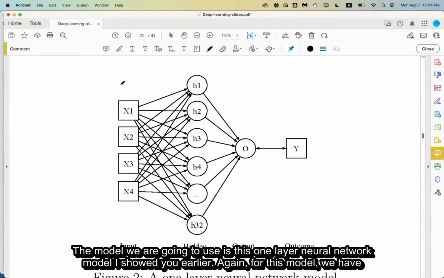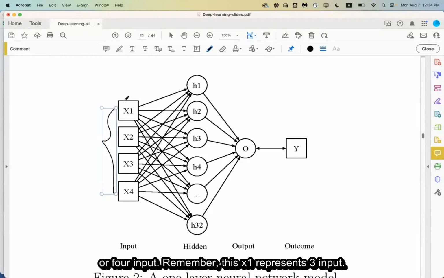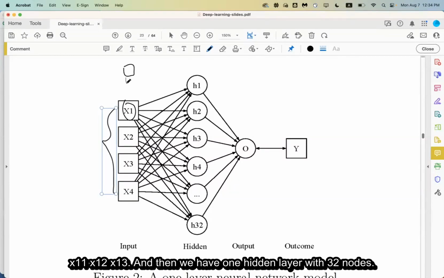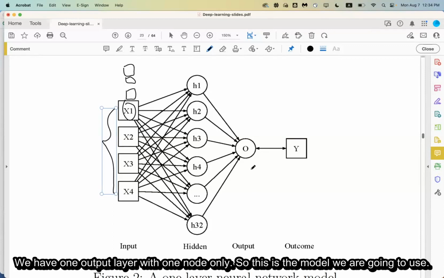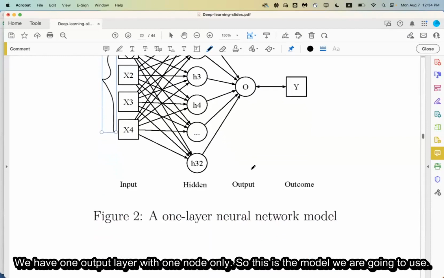Again, for this model, we have 4 predictors, or 4 inputs. Remember, this x1 represents 3 inputs: x11, x12, x13. And then we have one hidden layer with 32 nodes. We have one output layer with 1 node only. So this is the model we are going to use.